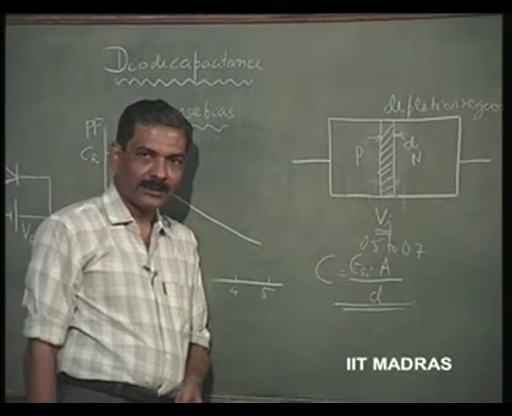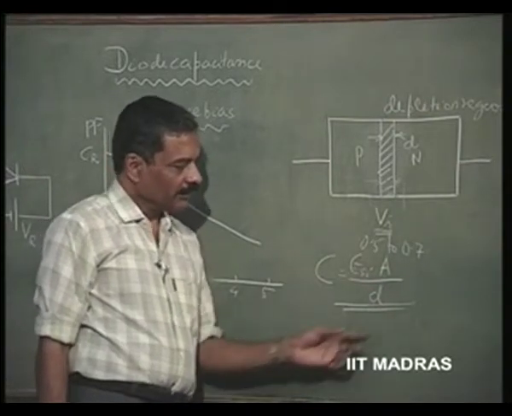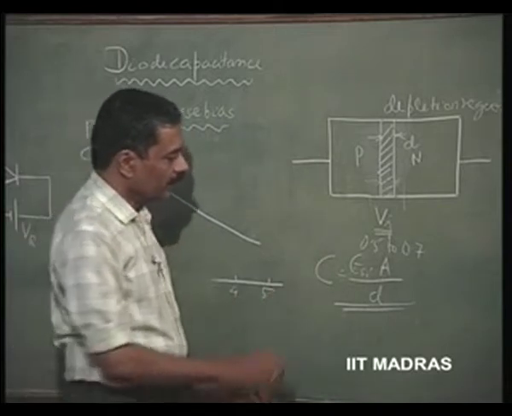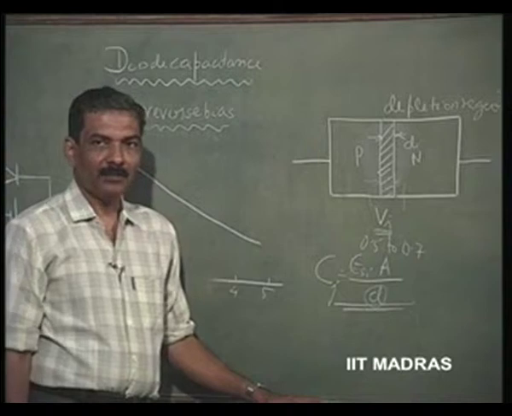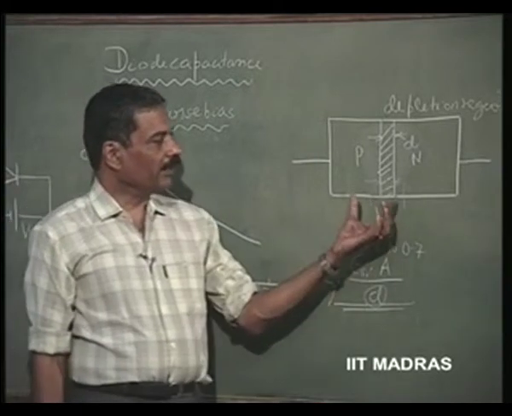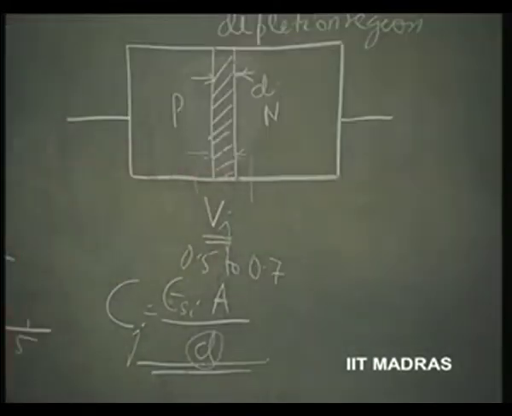So, this constitutes the effective junction capacitance, and this depletion layer width is dependent upon the reverse bias voltage that we apply. And therefore, if we apply a reverse bias voltage which is very large, depletion layer width increases and therefore, the capacitance decreases.